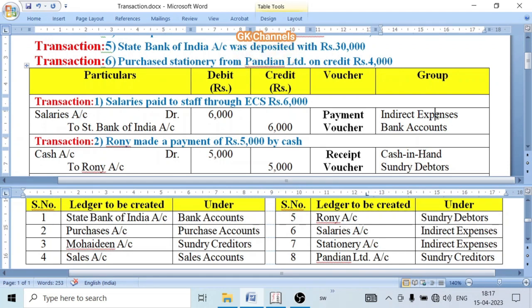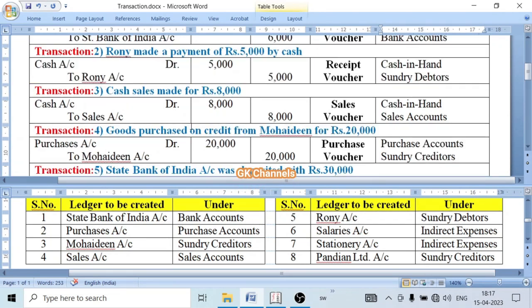You can see at the bottom, ledger to be created, 6th ledger in the bottom table, salary account under indirect expenses and State Bank of India account under bank accounts group. So in this way we need to create these 2 ledgers and then put this transaction.